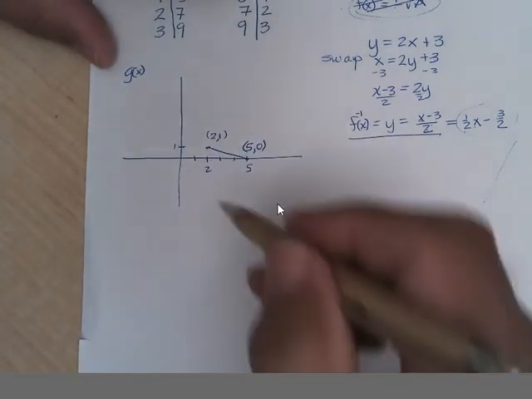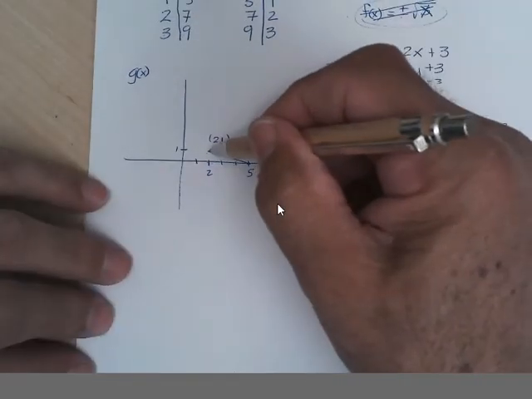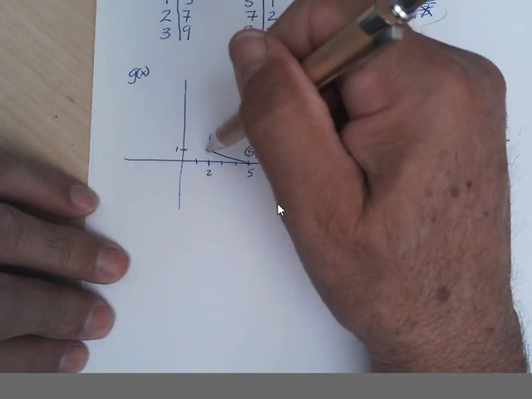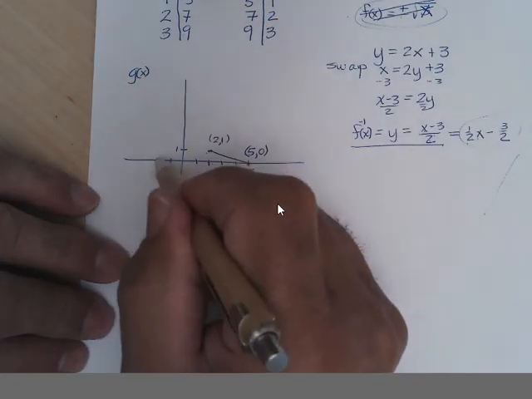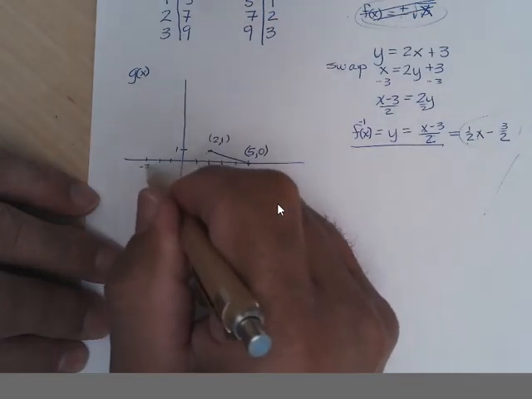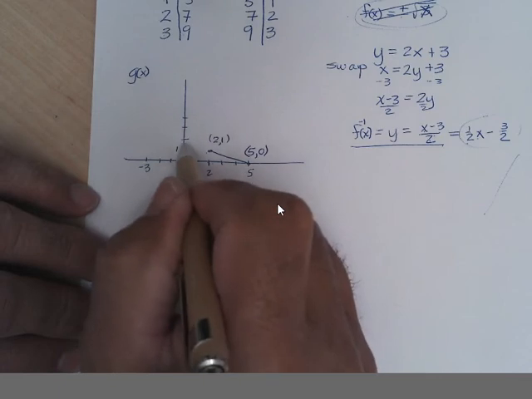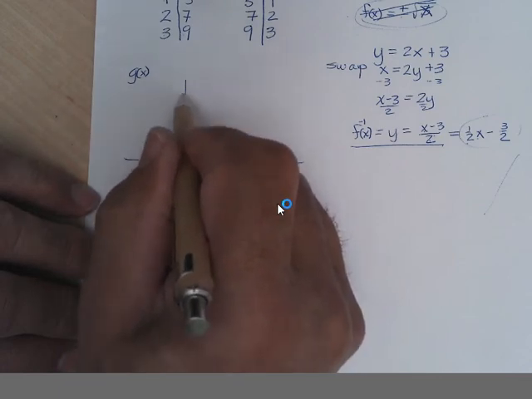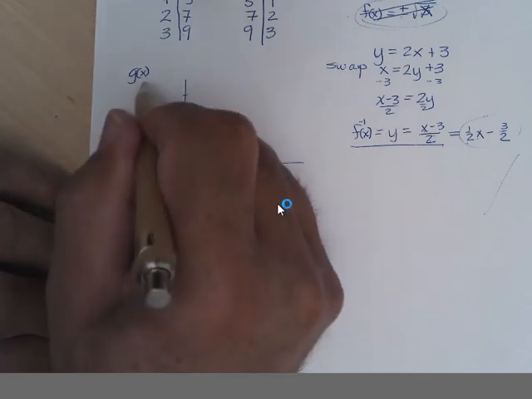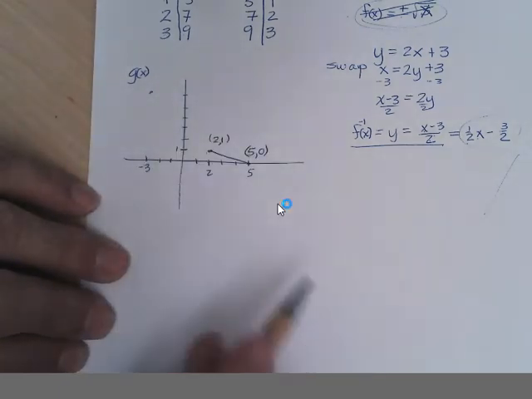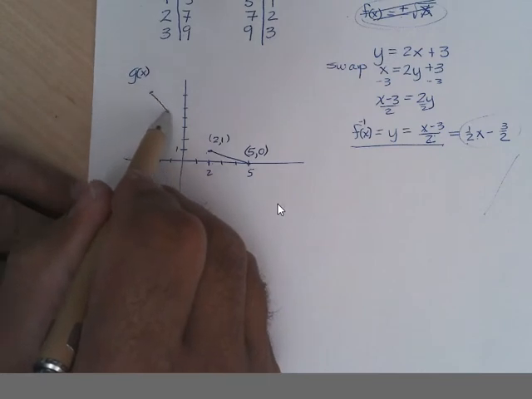And then it's also, the (2, 1) is connected, let's say, to (-3, 6). Let's make it 1, 2, 3, 4, 5, 6. It's connected to there.